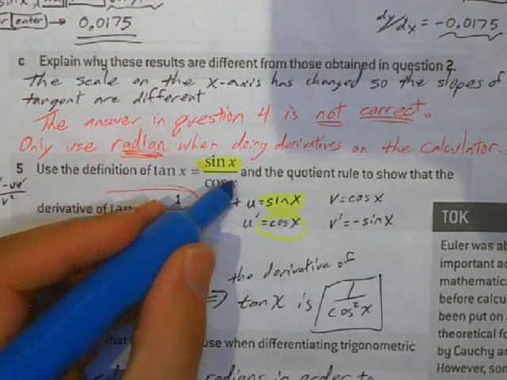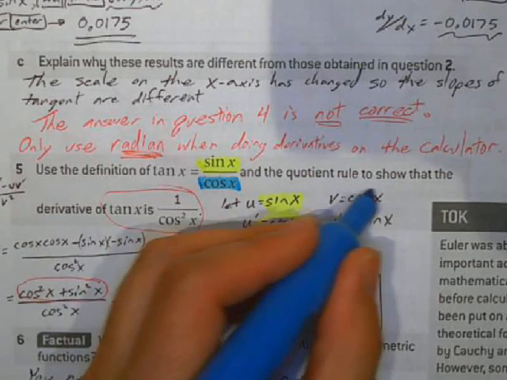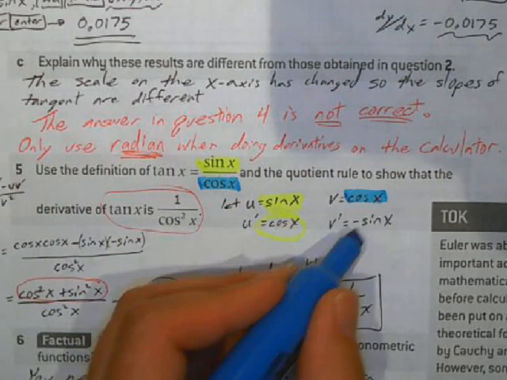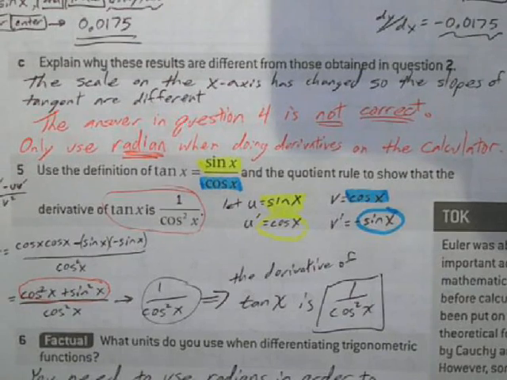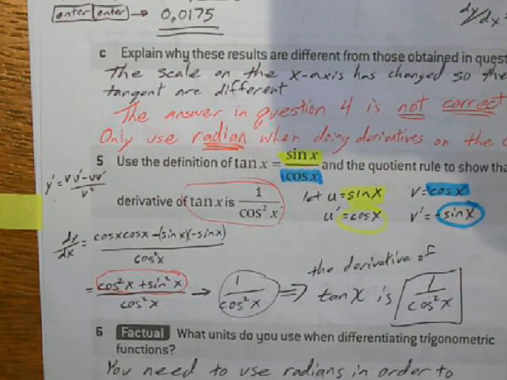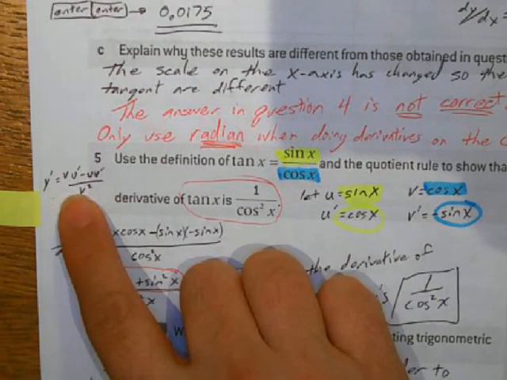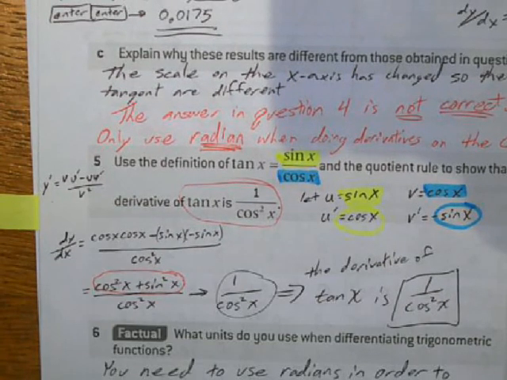And I'm going to make cosine x equal to v, and the derivative of v is sine x. And we might want to remember this formula, using our formula handout, if I can get it from my binder over here.